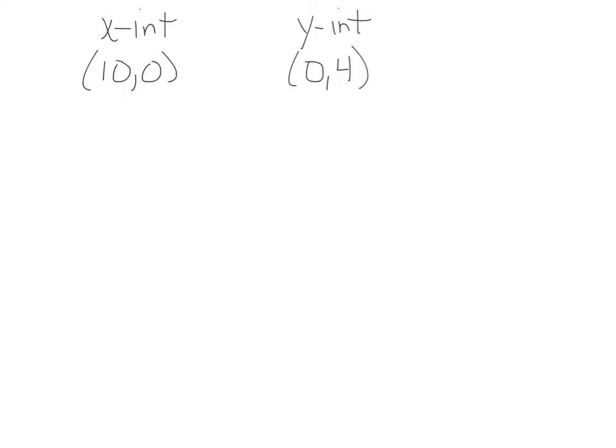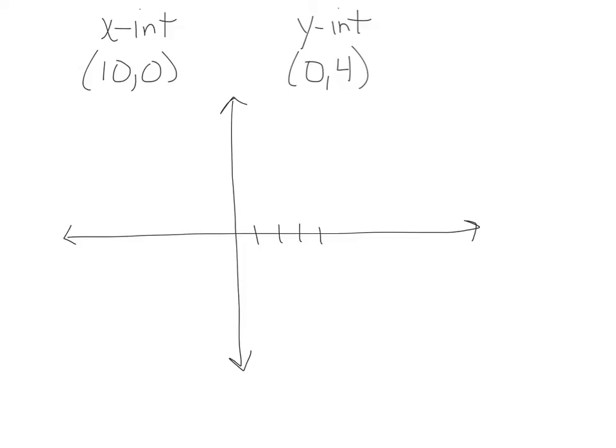I've already found the x-intercept is (10, 0) and the y-intercept is (0, 4). These are 2 separate points. I graph them, and then I connect them to make the line. Again, space them equally as best you can. Graph paper is always a better choice, so I'm not using the wisest choice here.